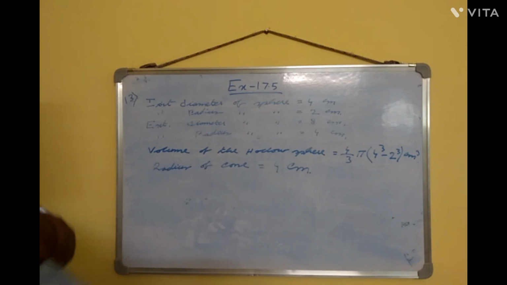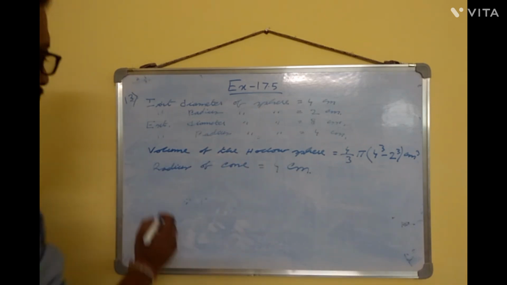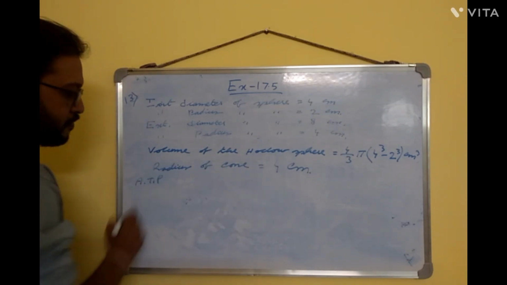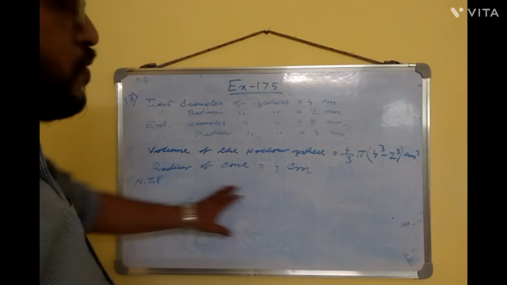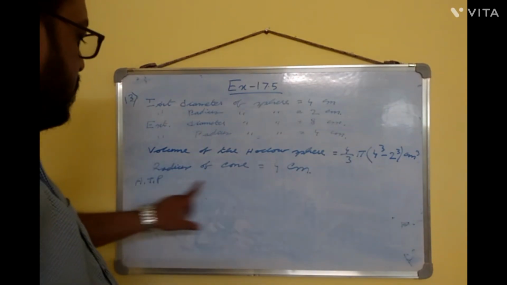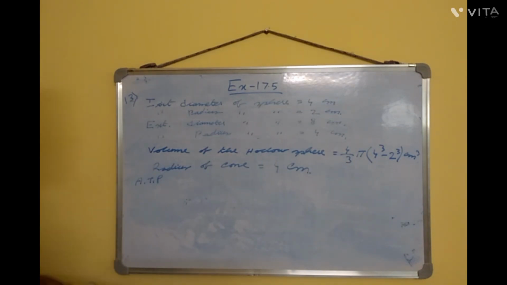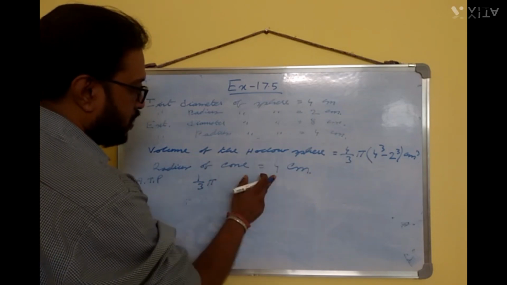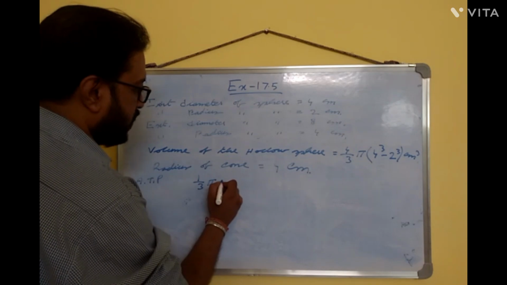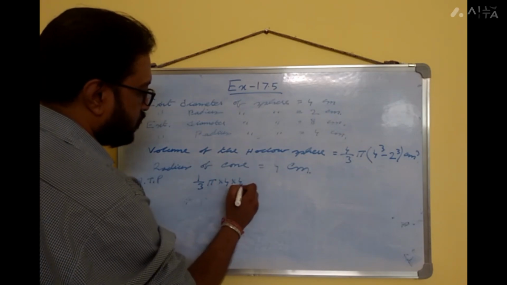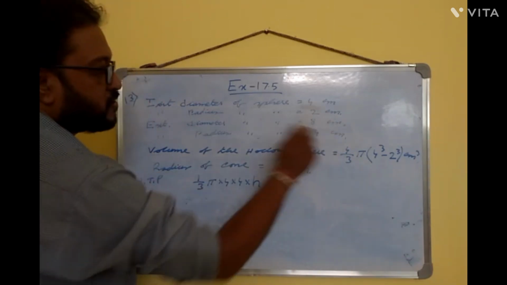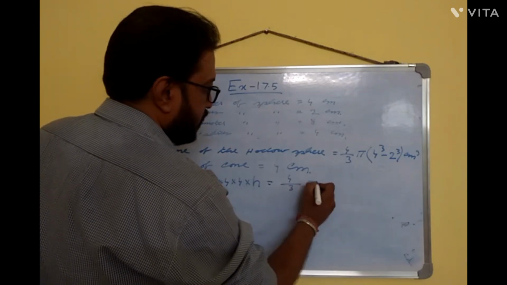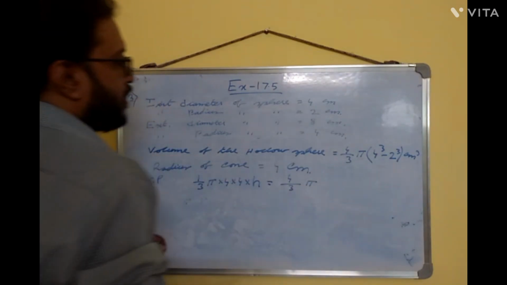Now I am showing you another way of writing this kind of maths. I am not finding the volume of the cone. Directly I am writing according to the problem. No statement is given. Directly I put, according to the problem, 1/3 pi r square h, that means 4 into 4 into h equal to 4/3 pi, 64 minus 8.